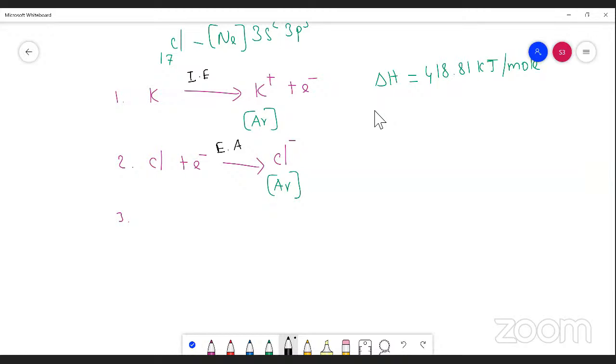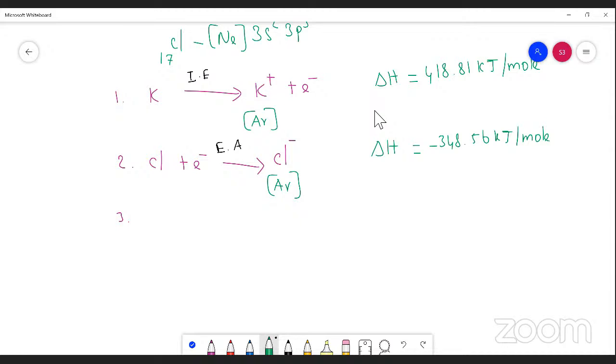So the energy is released when a gaseous neutral atom accepts an electron and becomes an anion. So that is electron affinity. This enthalpy is minus 348.56 kilojoule per mole.